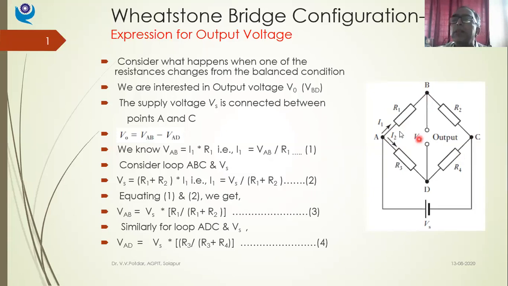If you have a piece of paper, draw one more circuit showing VS. Start with VS, show A, show R1, show B, show R2, and show C, and complete the circuit.